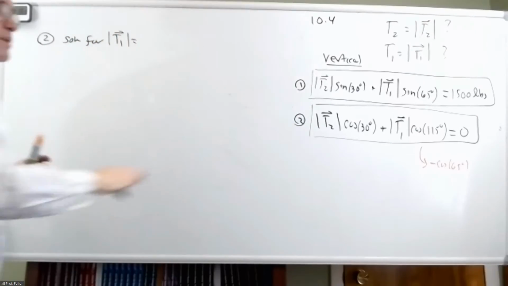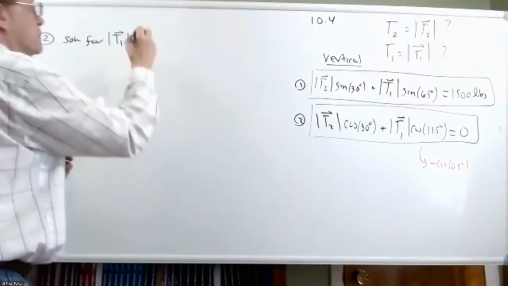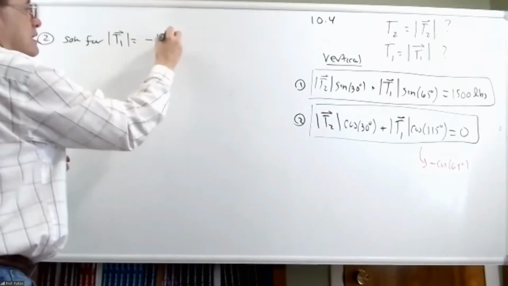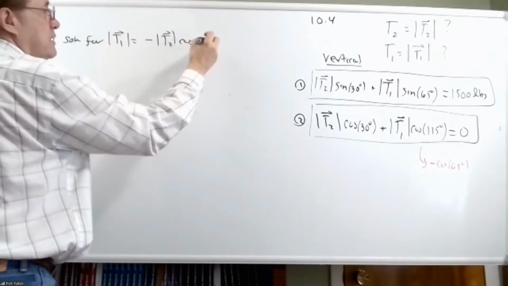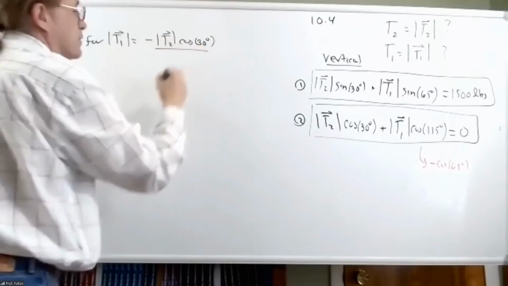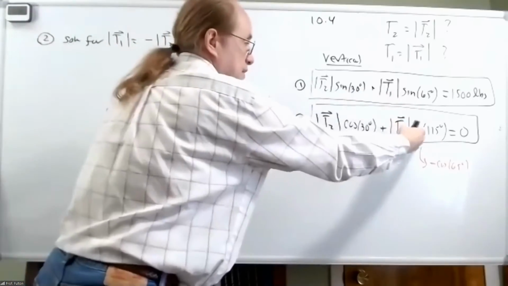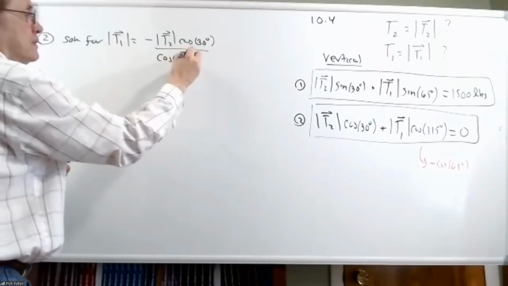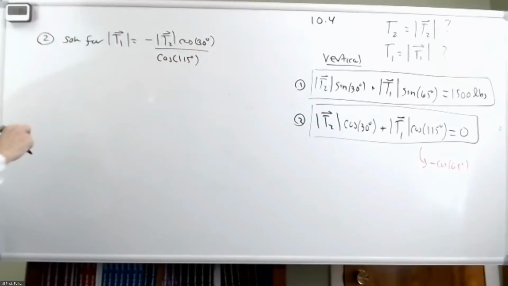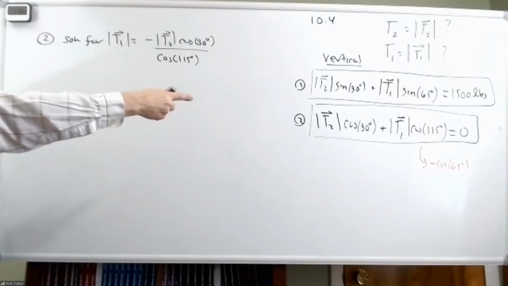I move the T sub 2 term over, so it's equal to minus T sub 2 cosine 30 degrees, and then I divide by the cosine of 115 degrees. There's my T sub 1 in terms of T sub 2.